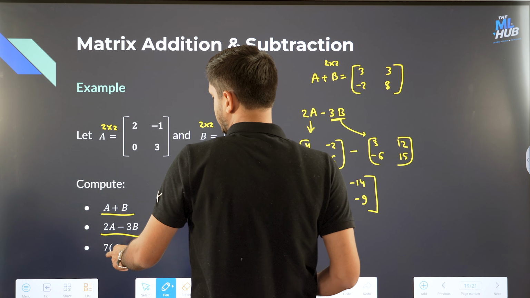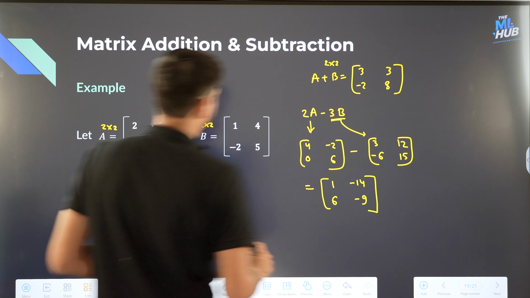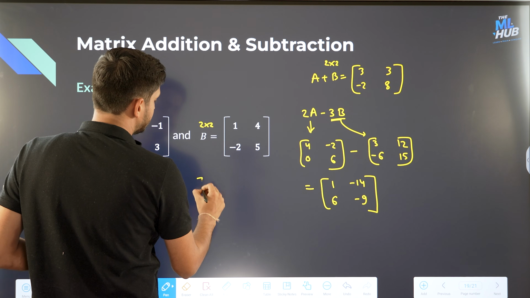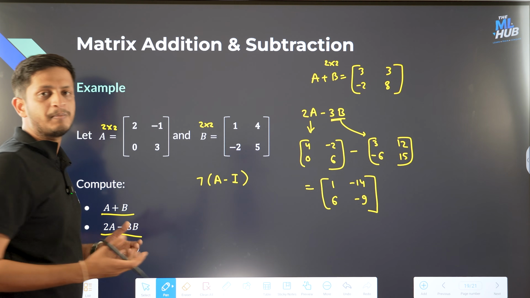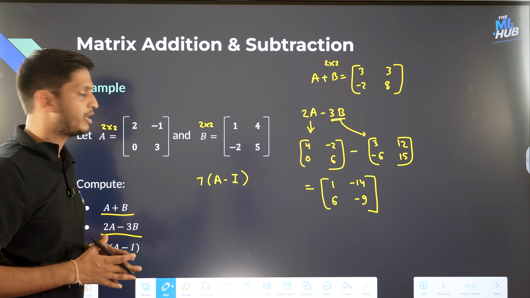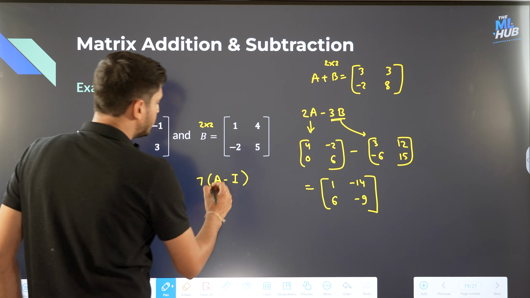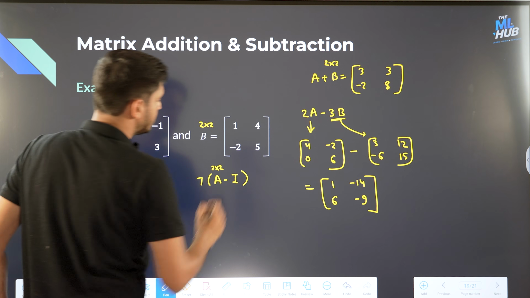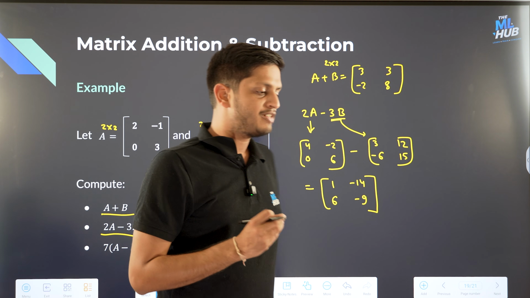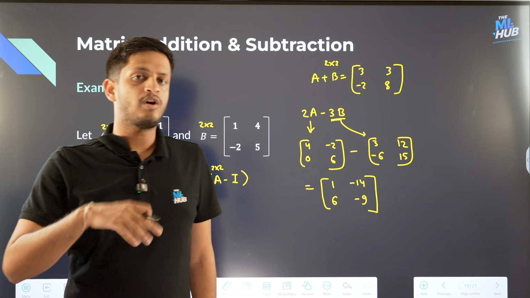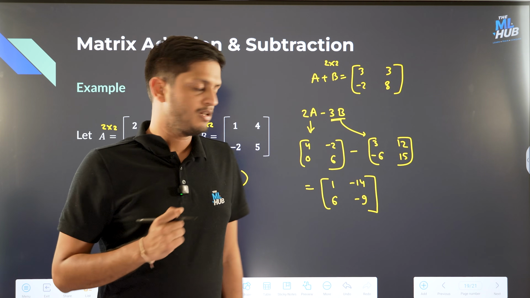Now coming to the third part, we have 7 times A minus I. Now I by default means identity matrix, and here A is a 2 cross 2 matrix, and we know that identity matrix is always a square matrix which has diagonal elements as 1 and non-diagonal elements as 0.